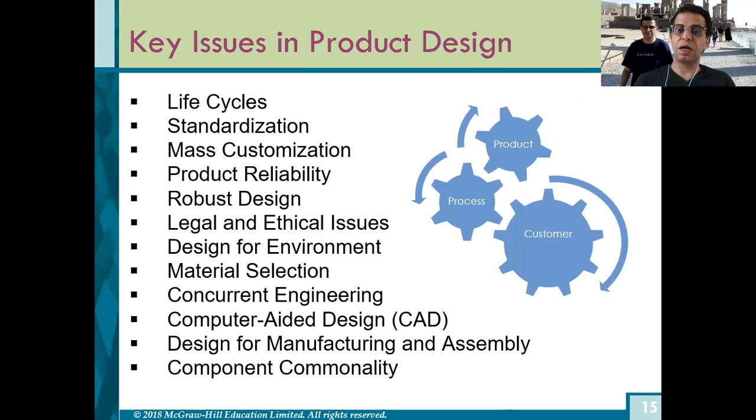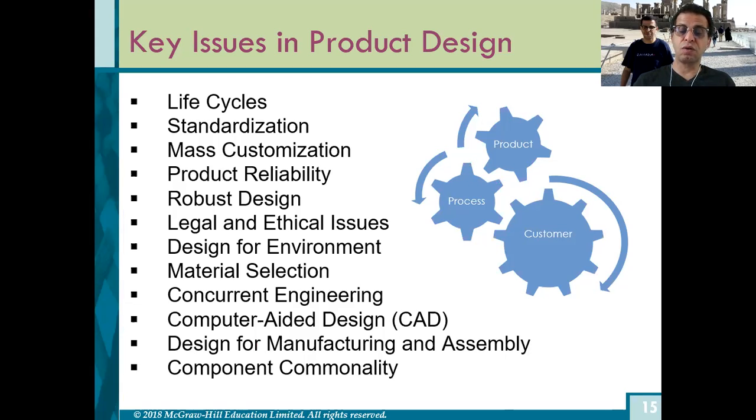We need to look at the standardization in the market, whether mass customization is needed or not, the product's reliability, how reliable the product is, robust design, which we will talk about later, legal and ethical issues, design for environment and material selection.